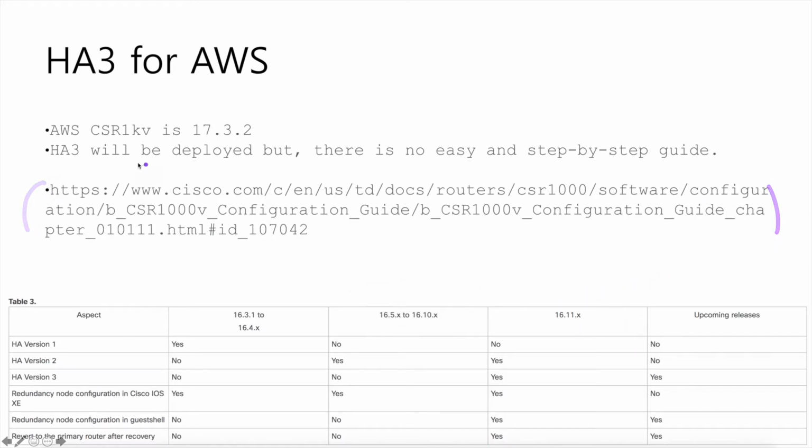Right now, the AWS CSR1kv version is 17.3.2, and HA3 is working, and it's very fast.